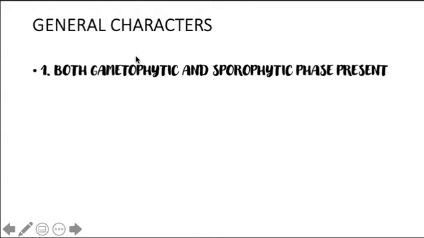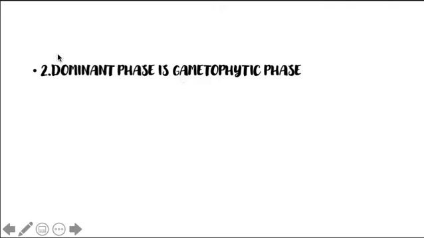Gametophytic means N or haploid, sporophytic means they have diploid condition. The second characteristic is that the dominant phase is gametophytic phase. When we say that the dominant phase is the gametophytic phase, it means that the main plant body is having n number of chromosomes.